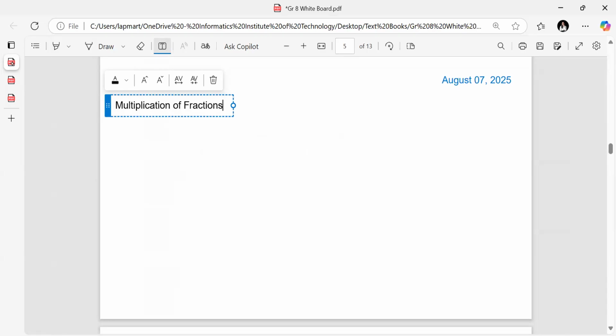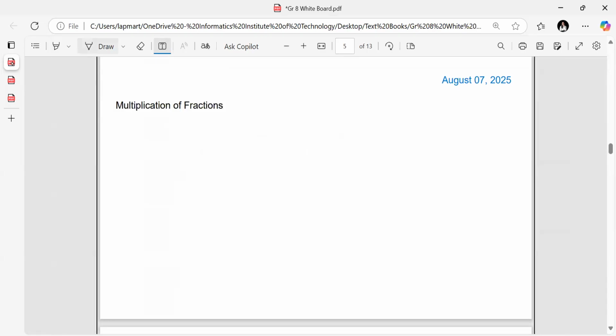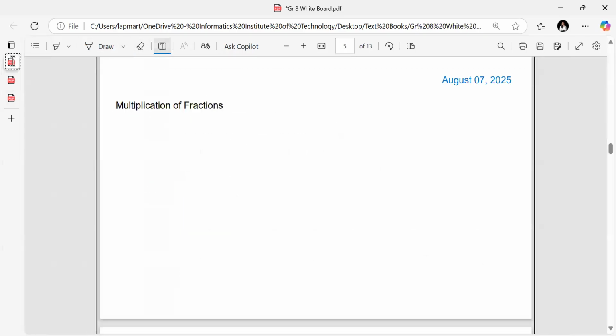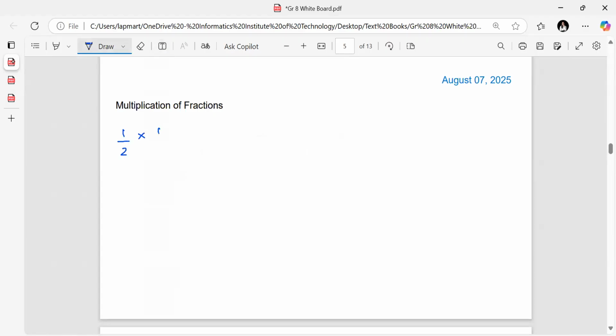This is very easy. You have done so many times, but I'm just revising. When you have something like this, children, if you have 1 over 2 and 1 over 3, what will be the answer? The answer is 1 over 6. Okay.